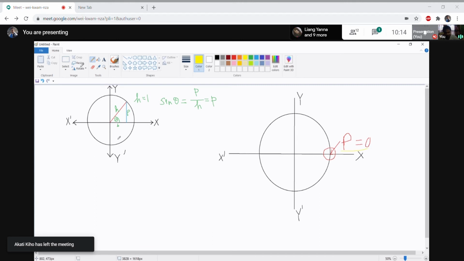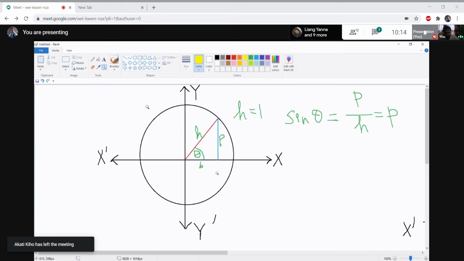The P value is 0. Why 0? If you focus on this diagram, this is the hypotenuse here, right? Suppose this line is OA. When the OA line is along the x-axis, so OA line was here at the OA dash point, when OA dash was the radius, what was the perpendicular?